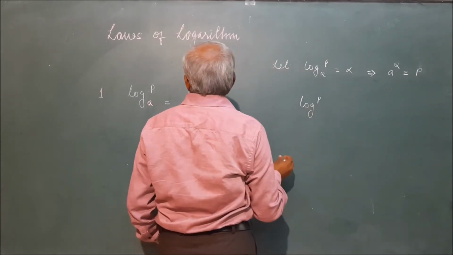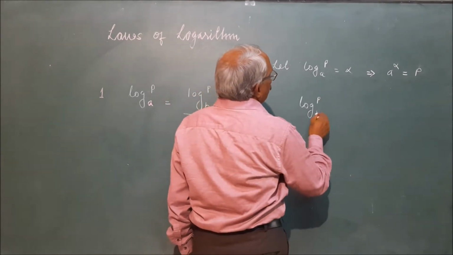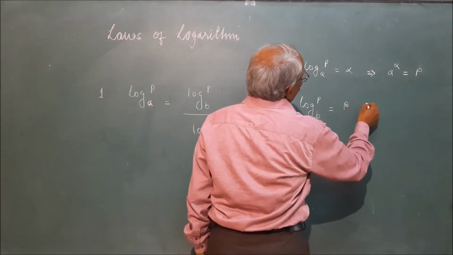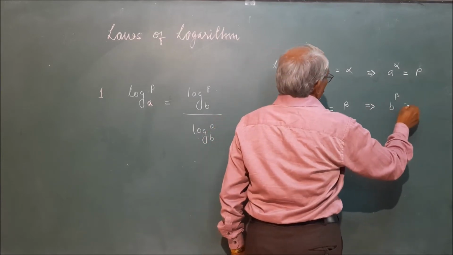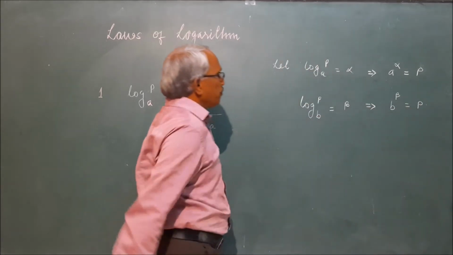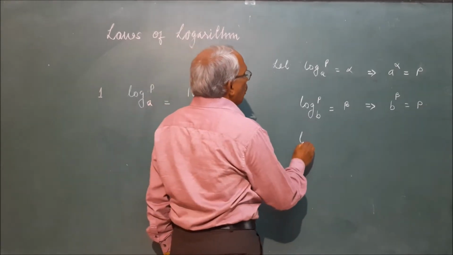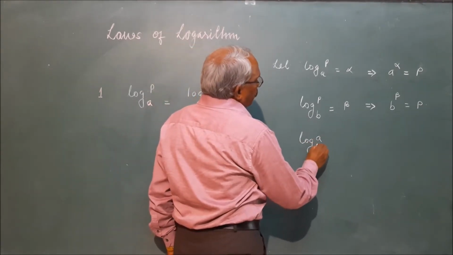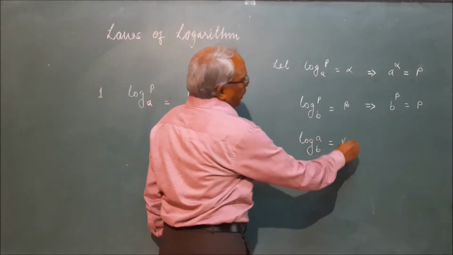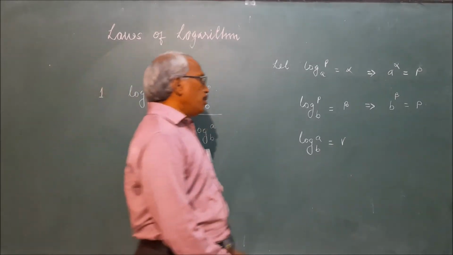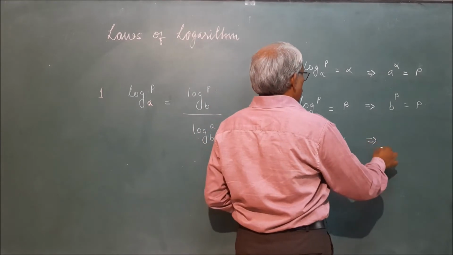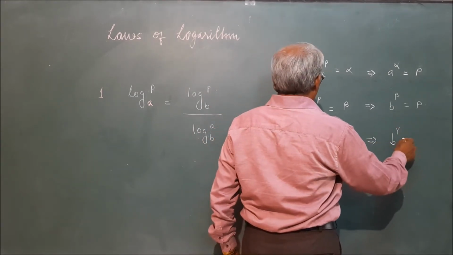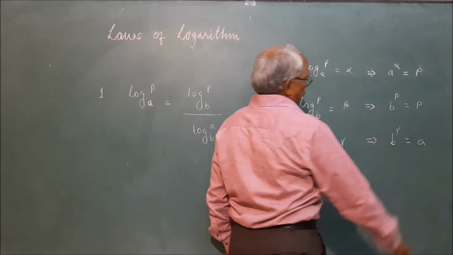Let log of p to the base b be equal to beta. This implies b raised to beta is equal to p. And let log of a to the base b be equal to gamma. So by using the definition of logarithm, this implies b raised to gamma is equal to a.